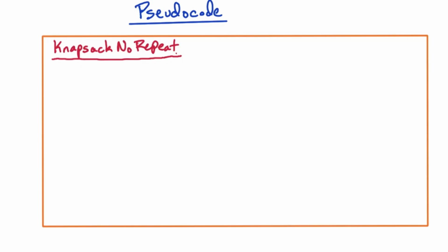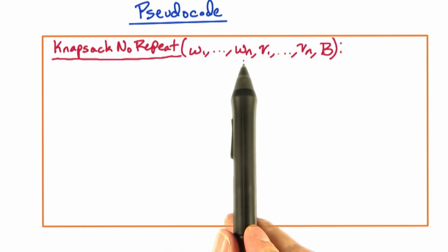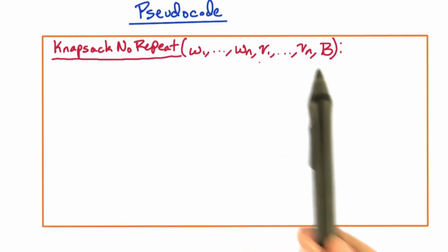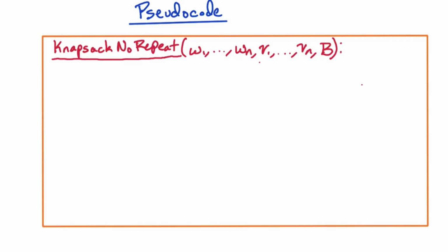Recall we're solving the Knapsack version where objects can get used at most once. So it's the no repeat version of Knapsack that we're solving. Now the input to the algorithm are the weights for the n objects, w1 through wn, the values for the n objects, v1 through vn, and the total capacity available, capital B. Now let's start with the base cases, which are going to be the first row and the first column of the table.